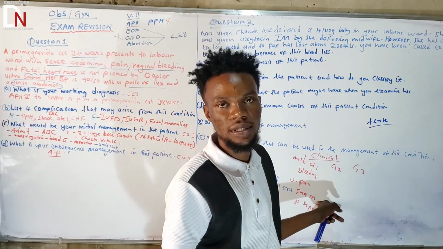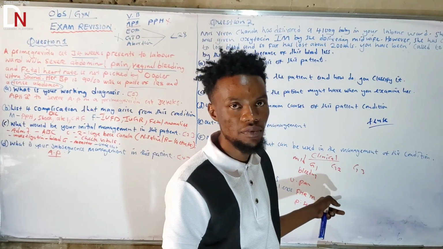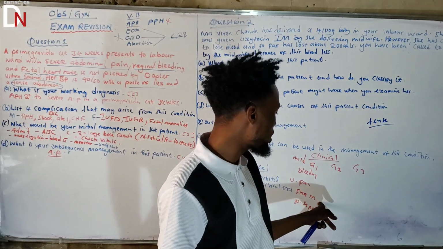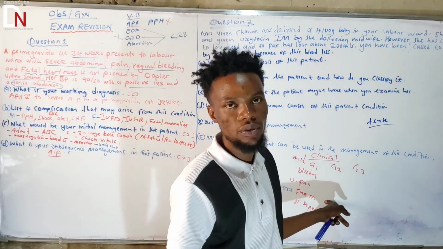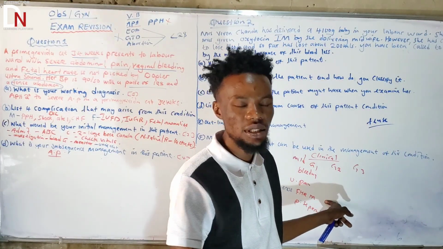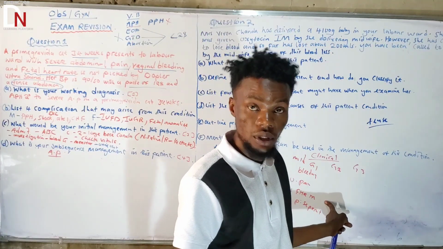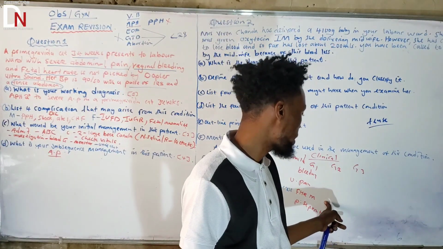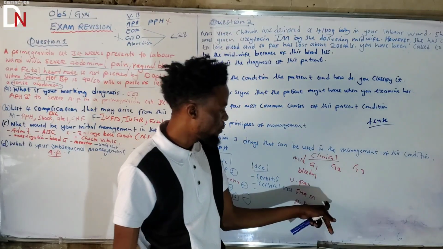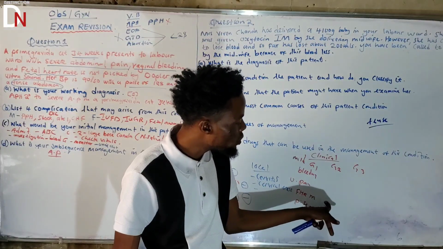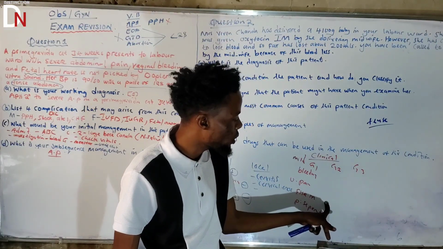There are different types of deceleration that I talked about in the last video, but here just know that late decelerations indicate fetal hypoxia or fetal distress. There will also be tachycardia of the fetus.